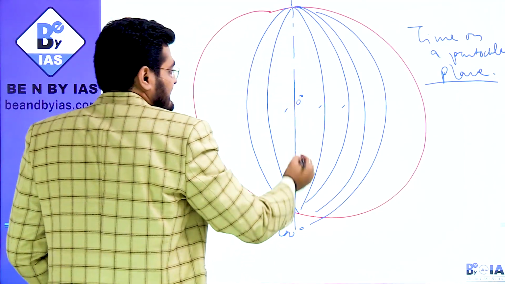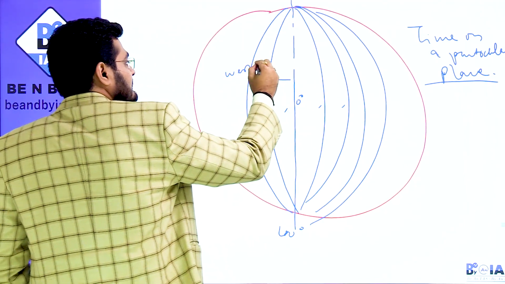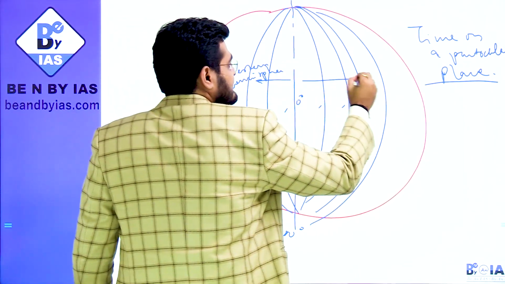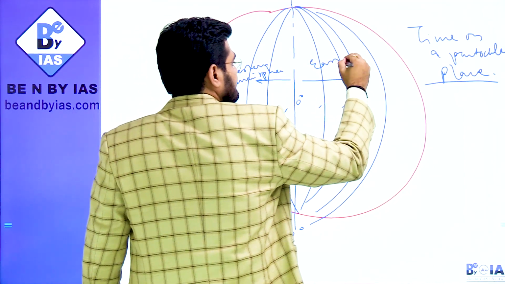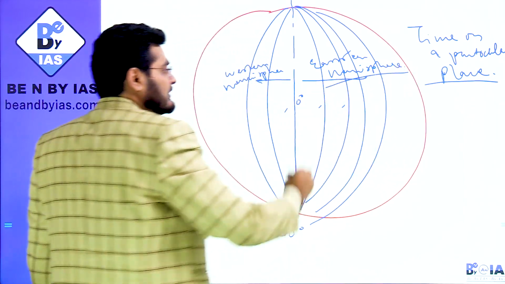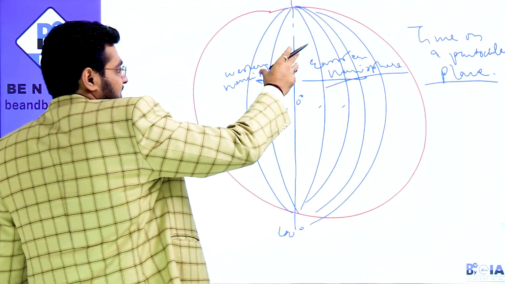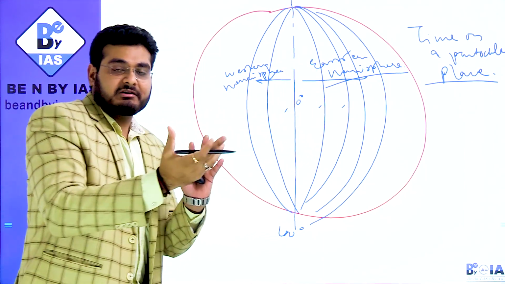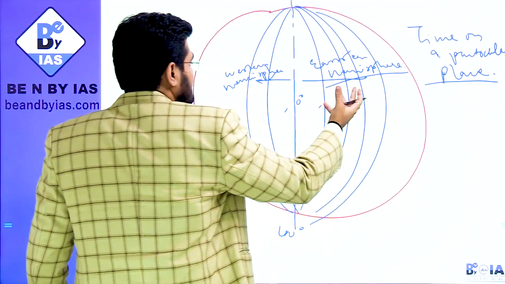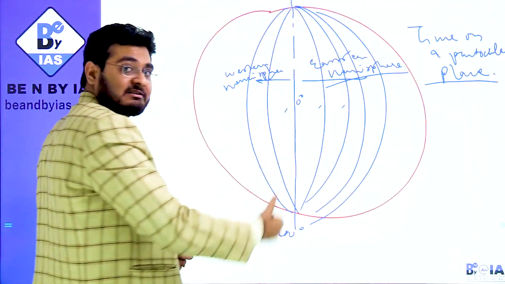From the 0 degree longitude, towards the left is the western hemisphere, and at the right is the eastern hemisphere. So it is the longitude which divides Earth into two equal eastern and western hemispheres, and it is the equator which divides it into equal northern and southern hemispheres.